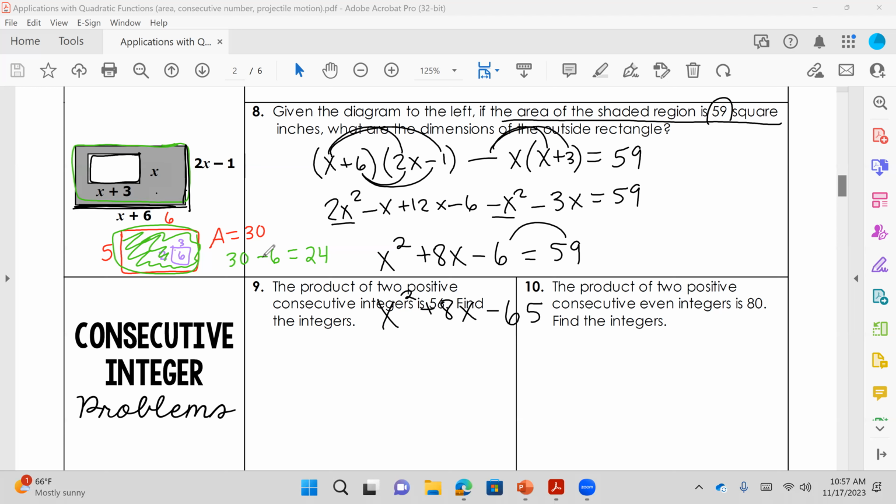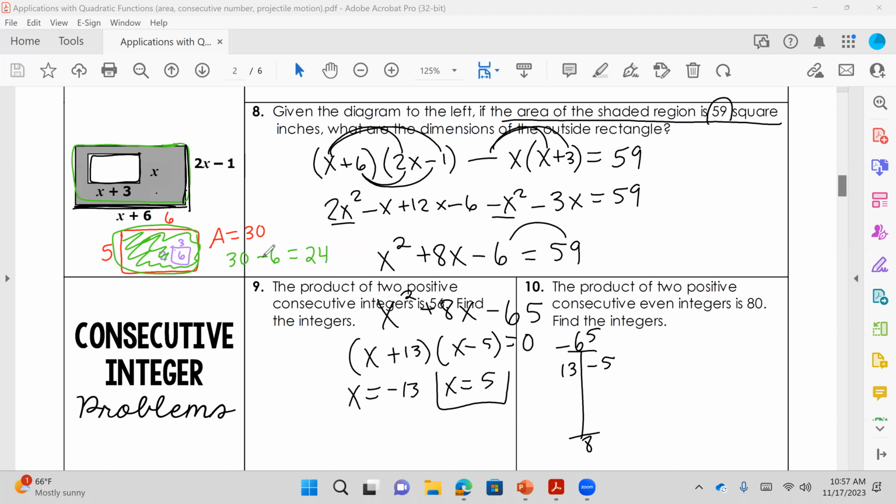Okay, so from here you can either use the quadratic formula or you can factor. I think I will factor. Okay, so two numbers that multiply to negative 65 and add to 8 are 13 and negative 5. So those are your factors. And solve.